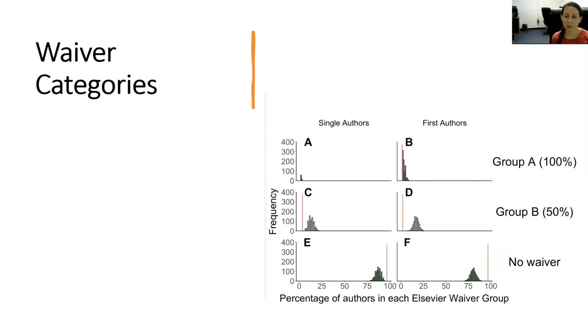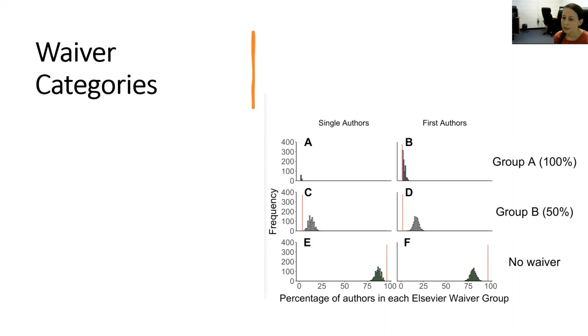And we actually looked at the different waiver groups and found that groups that receive 100% waivers are still hardly publishing in open access, even though their cost to publish could be completely free. And then these 50% waiver groups still have very few people from these countries that are publishing in open access.